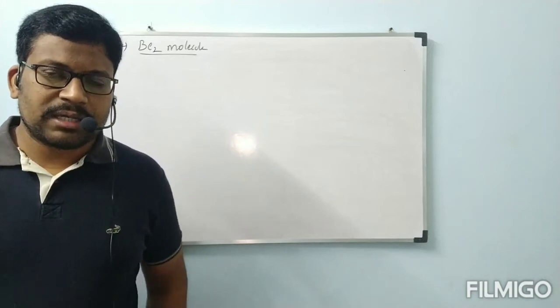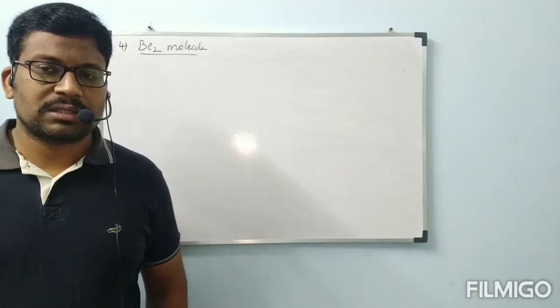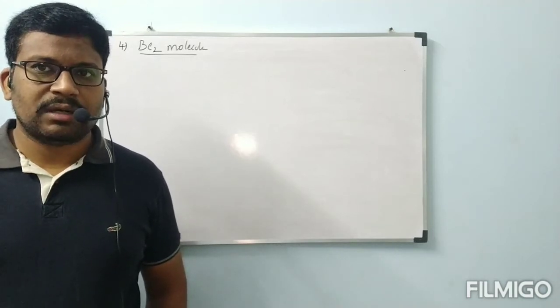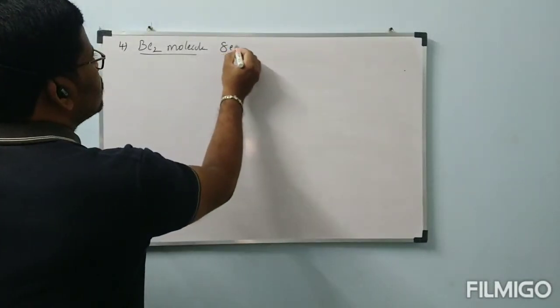Each beryllium atom contains 4 electrons. So totally 2 beryllium atoms, 2 into 4, 8 electrons. So this is an 8 electron system.